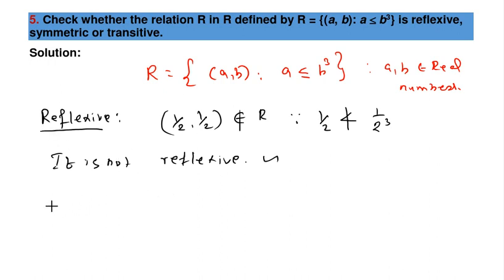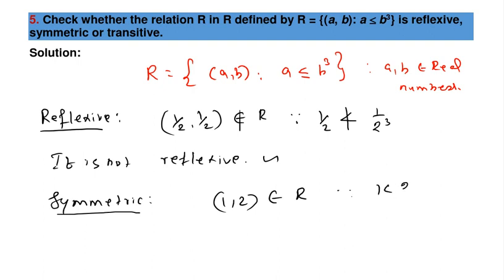Next we have to test the symmetric case. To test the symmetric case, (1, 2) belongs to the relation, because 1 is less than 2 cube.